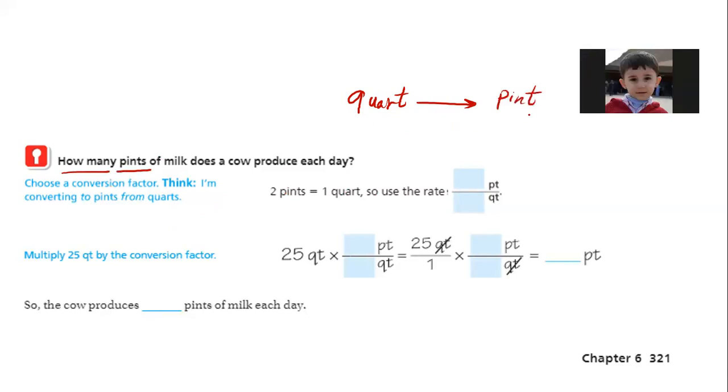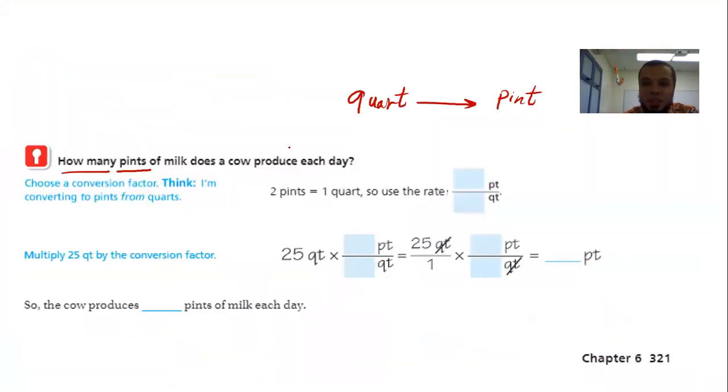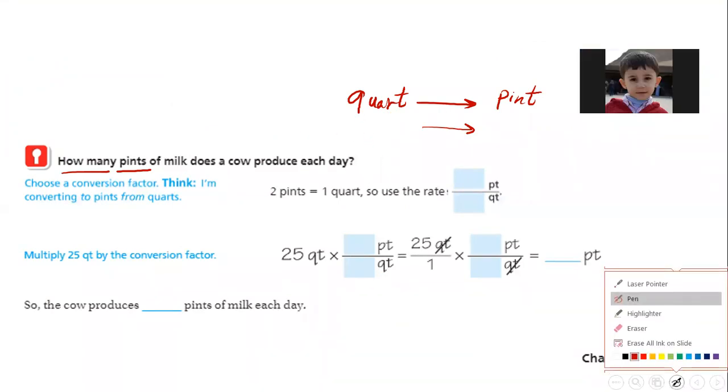Okay. Which one is small, which one is big? Look at that table right now. Pint and quart. Mister, pint is the small and quart is the large. That's right. So here, big to small.